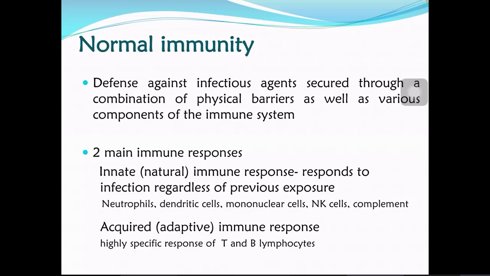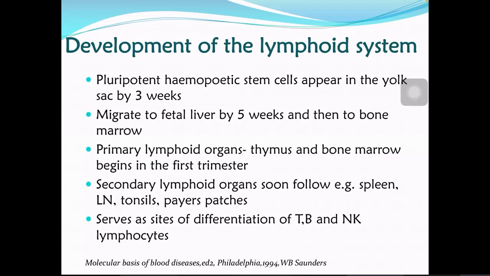Now, beyond the innate immune response, we also have an acquired or adaptive immune response. The adaptive immune response is highly specific, and this is mainly done by the T and B lymphocytes. So if we think about how our lymphoid system develops, I'm sure all of you will remember your embryology.